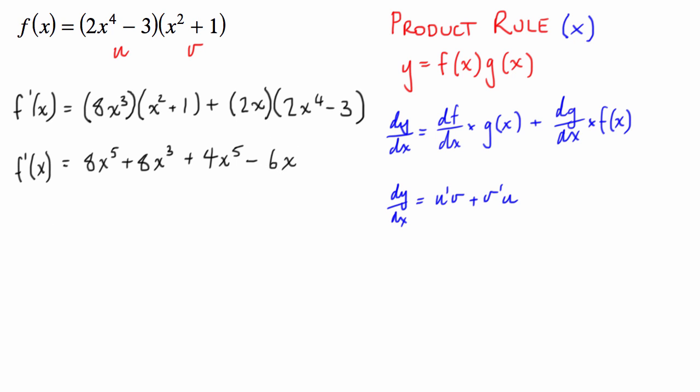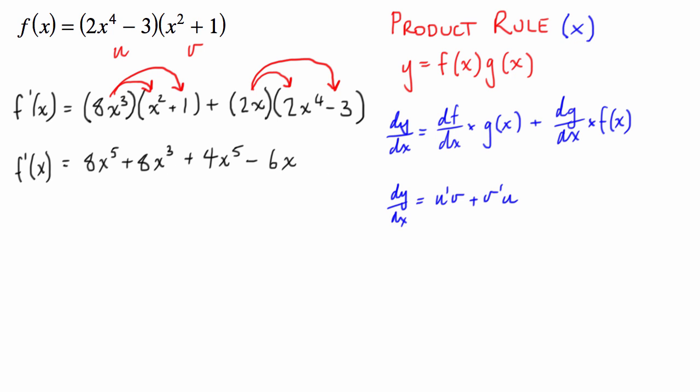Now the way I did that, guys, is I used the distributive law: this times that, and then this times that, and then this times that. So this is what we've got here.